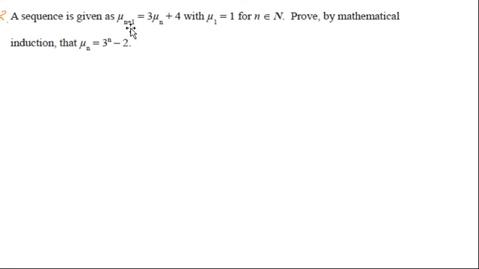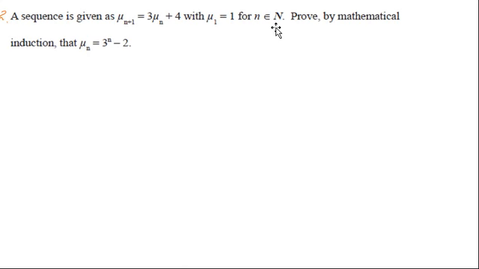So notice each term is equal to 3 times the term before it plus 4. And they also gave us u1 equals 1. They started it off for us. By the way, this is not u, it's really mu, but I'm going to say u, right? For n being an element of the natural numbers.